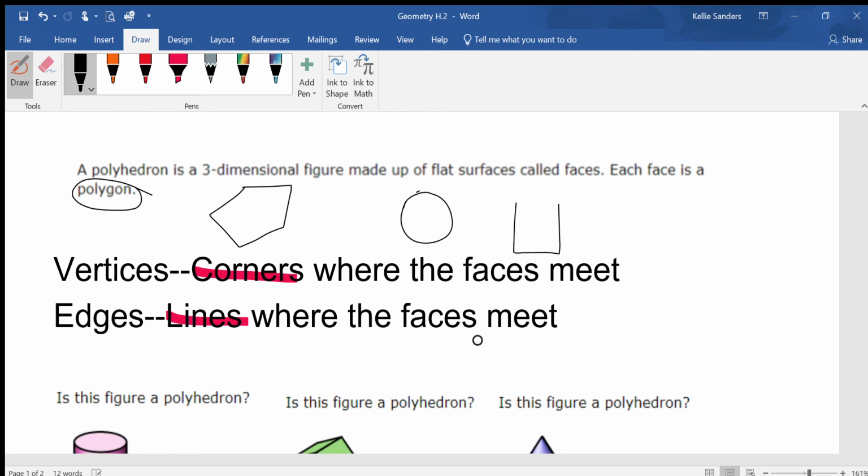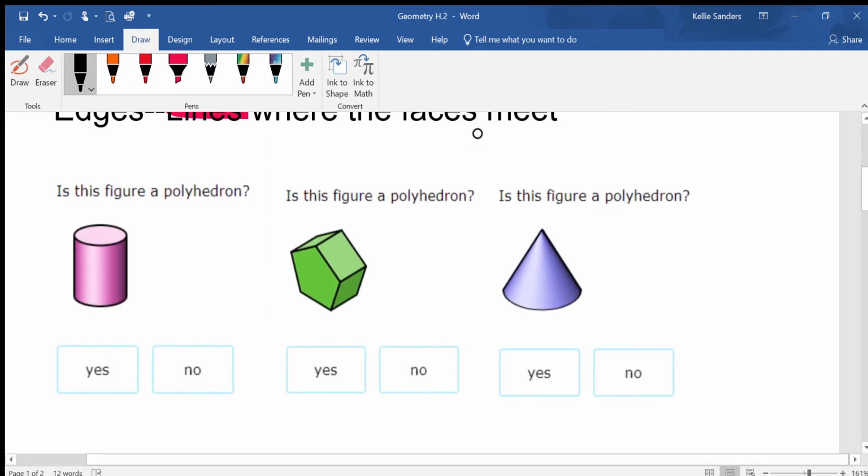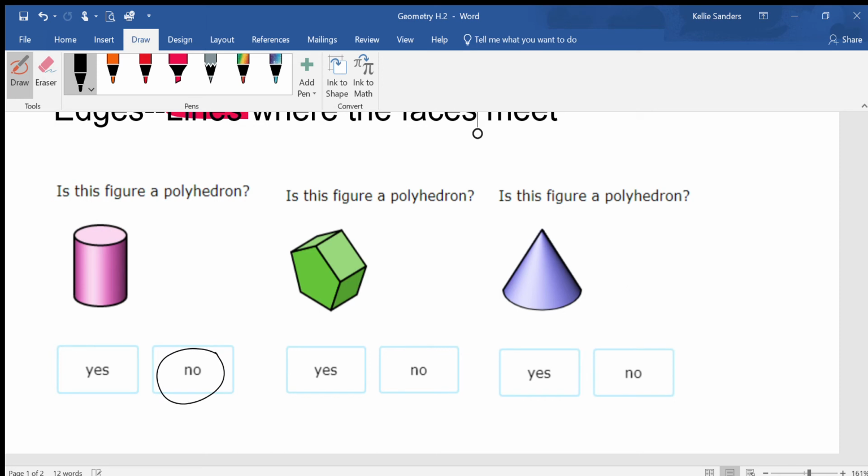If I drew this, that would not be a polygon either because of the curved part of it. So when it's asking you, is this cylinder a polyhedron, the answer is no, because this face is a circle, and a circle is not a polygon.